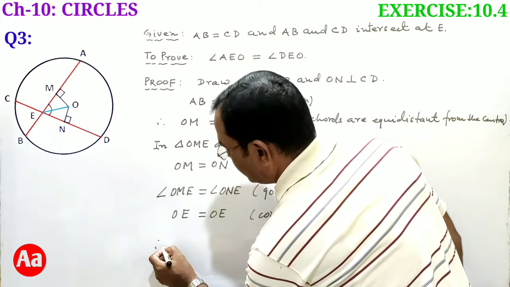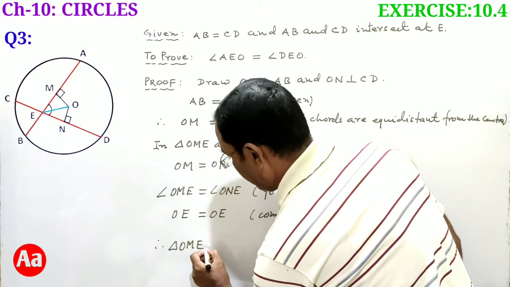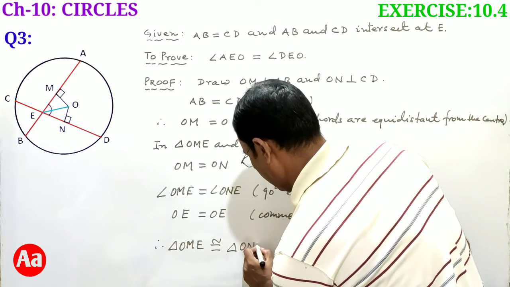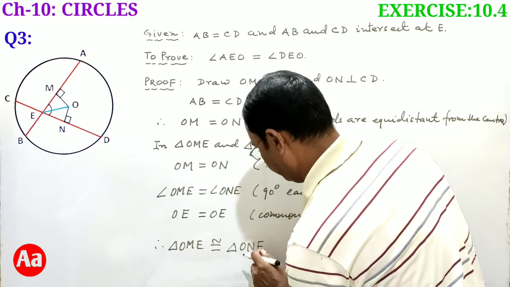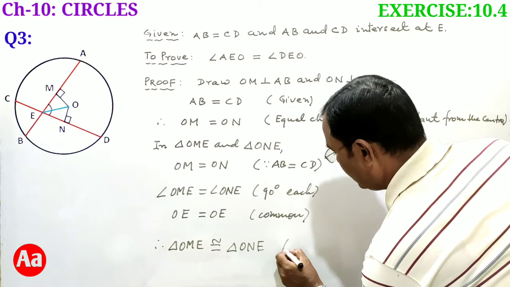So therefore triangle OME is congruent to triangle ONE, by which congruence rule?